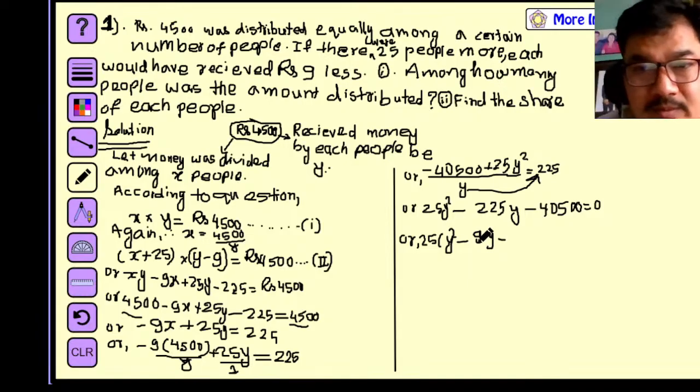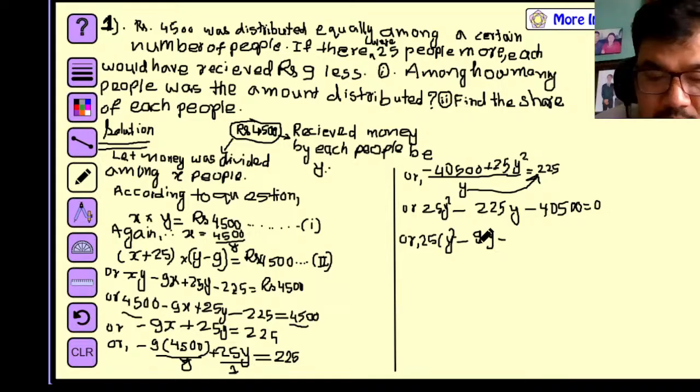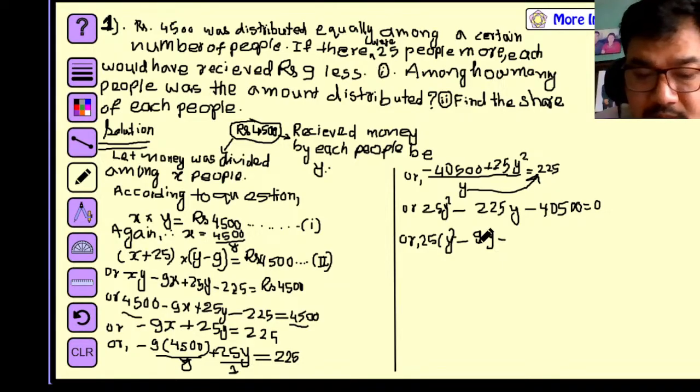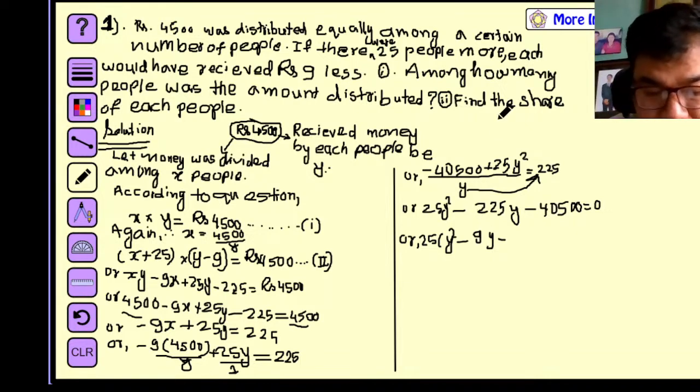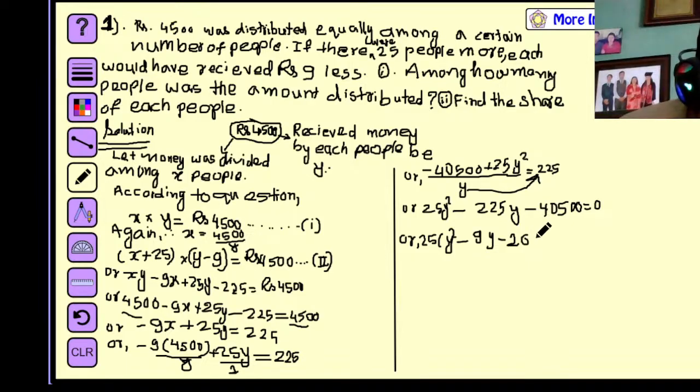Let's divide 40,500 by 25, taken common, then it comes 1,620.